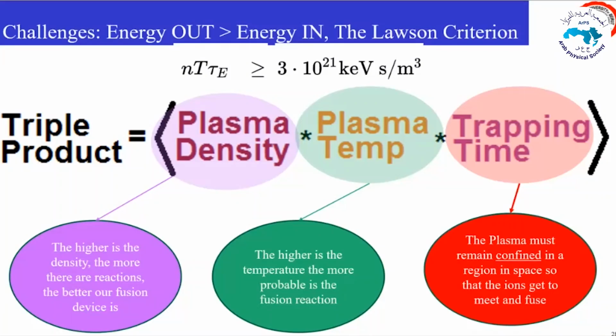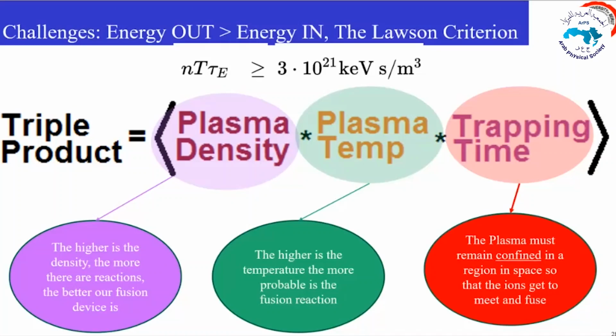So they must be confined, and thus we have what we call a confinement time, or an energy confinement time. This means that the particle must remain in a certain physical space for at least, let's say, 10 milliseconds or 100 milliseconds, so that you have the probability to have a fusion reaction. So this is what we call the Lawson criterion.